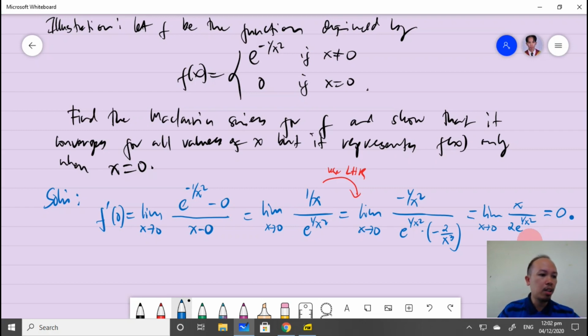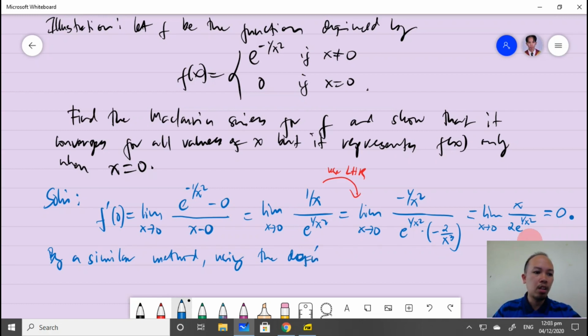So do the same for the second derivative, by a similar method using the definition of derivative and L'Hopital's rule. We get 0 for every derivative.